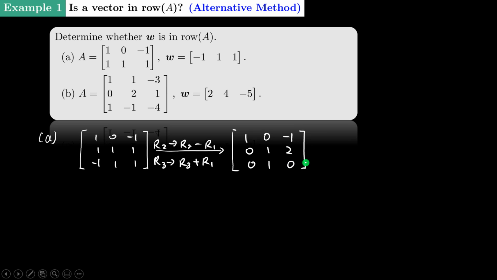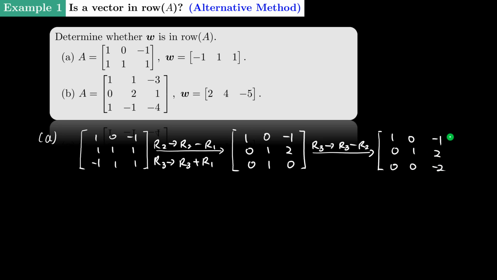Here we can immediately identify that this is the second pivot, so we need to get rid of this number below the second pivot. So we apply this operation, row 3 becomes row 3 minus row 2. And we end up with 1, 0, minus 1, 0, 1, 2, 0, 0, minus 2. So we can box up the pivots. We have 3 pivots here, in fact.